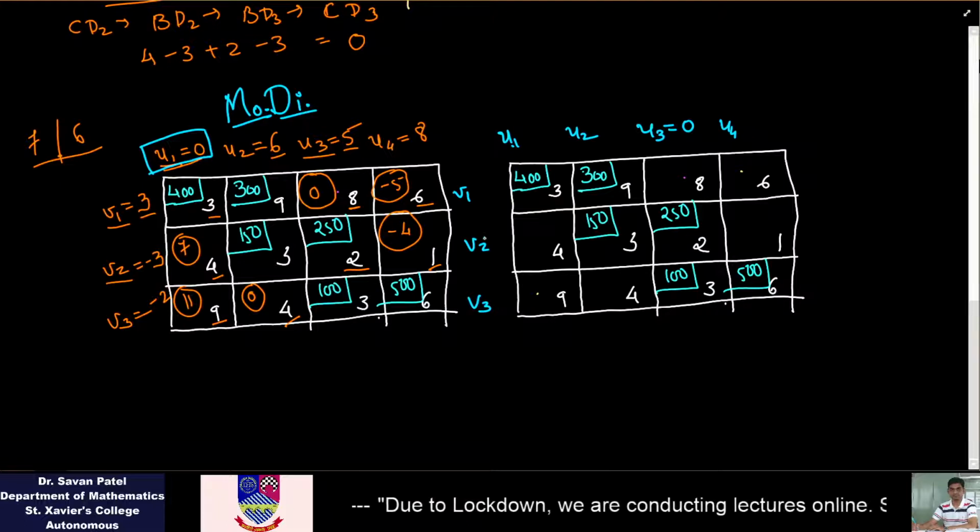So here your v2 must be 2. Again u3 is 0, so your v3 must also be 3. Since v3 is 3, your u4 must be 3 because u4 plus v3 is equal to 6.